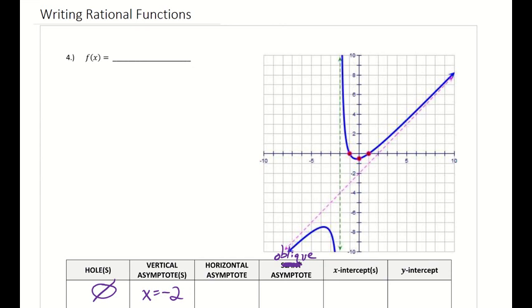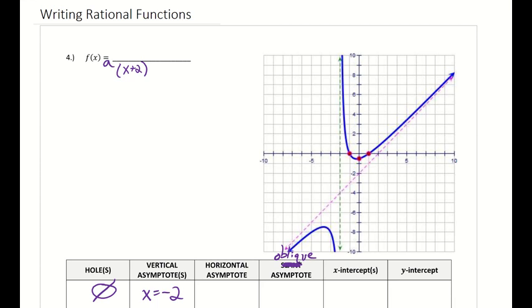So if that's our asymptote, our factor for this would be x plus 2. Our vertical asymptotes, that needs to go in the denominator. And we're always going to have some a value or whatever other constant that we're going to multiply this by. We'll figure out what that is later.